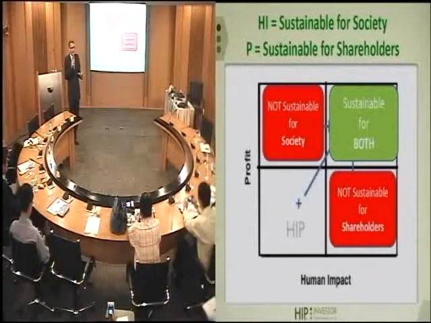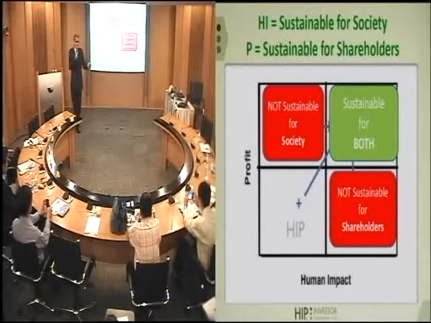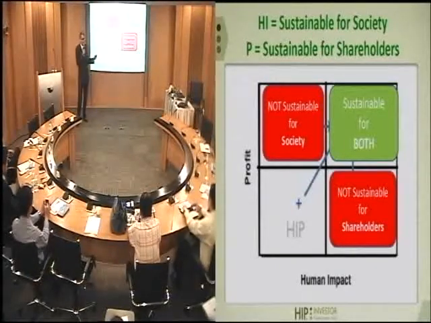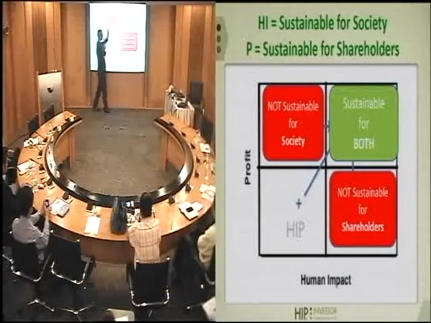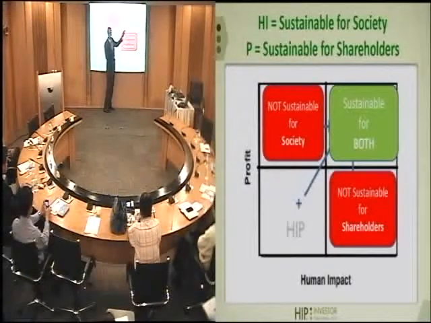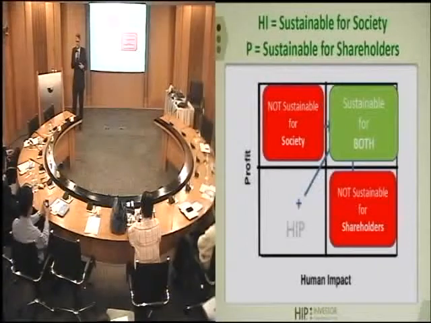Or looking inside the company, you could do this by business unit. So you could look at the cooperatives versus the other business units and see who's where. And that's where you can start to create internal competition to serve more human needs and profit at the same time. So you can use this internally across business units or across departments to stimulate that.